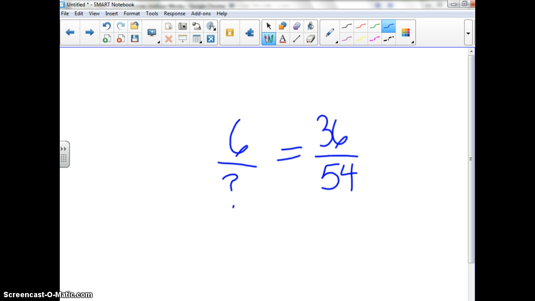No? America, tell me how you did that. I took 6 times what 6 equals that, and then I took times 6 equals 54, and 9 times 6 equals. Okay, now there's another way you could have done this. You could have gone this way, 36 divided by 6.